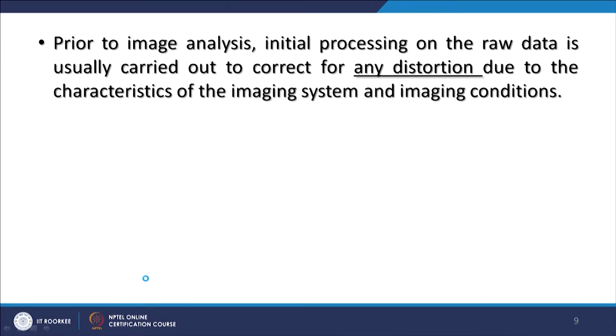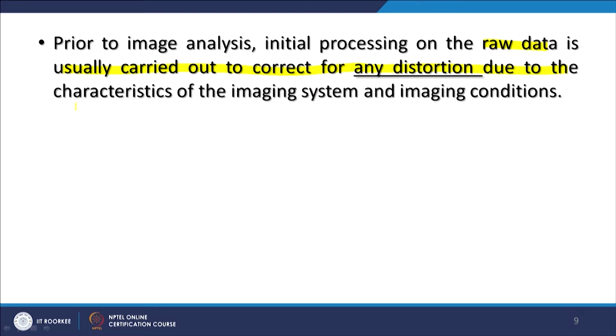Now, prior to image analysis, before the real serious image analysis starts, some initial processing, or raw level processing, or first level of processing, level 1B processing, is done on the raw data, and it is usually carried out to correct any distortions due to characteristics of the imaging system and imaging conditions.